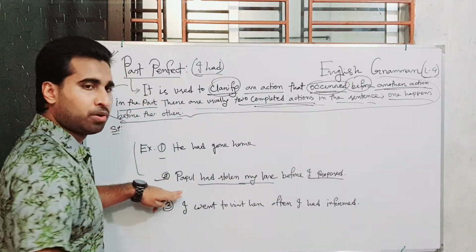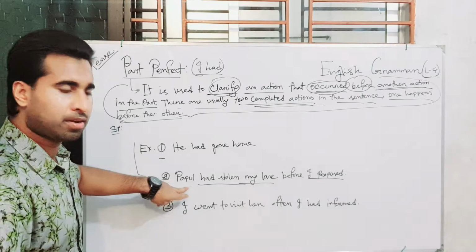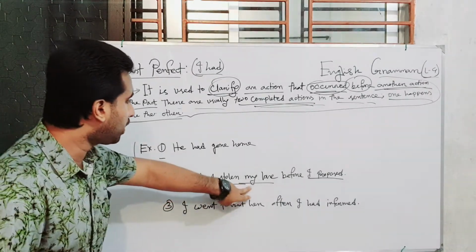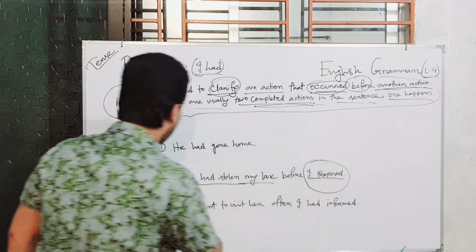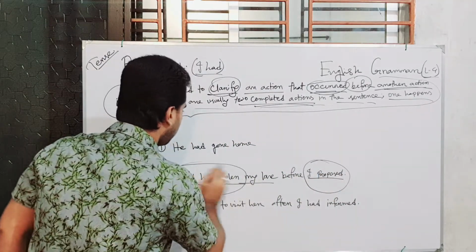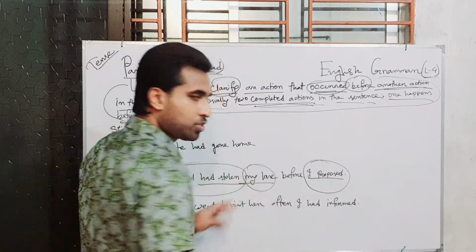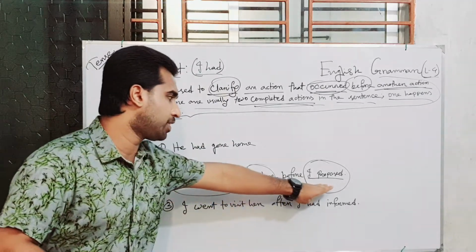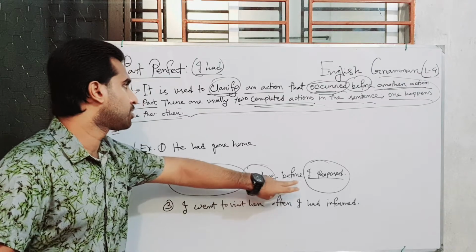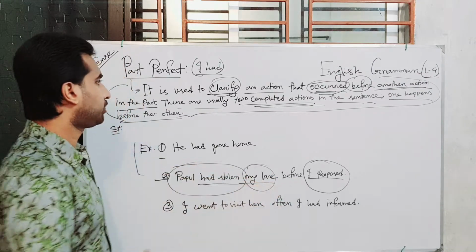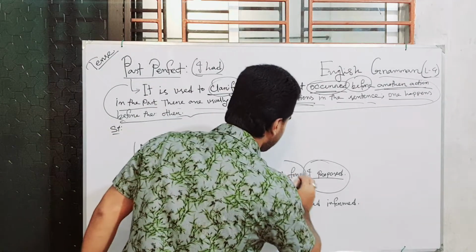But which comes first? Papul had stolen my love before I proposed. Did I propose first, or had he stolen my love first? Which action comes first?